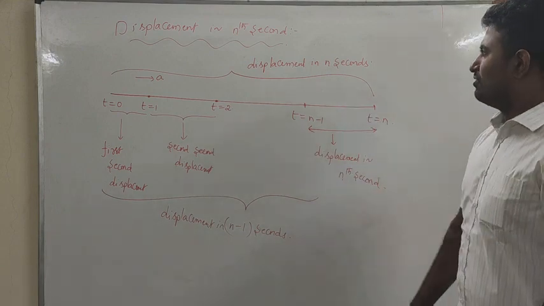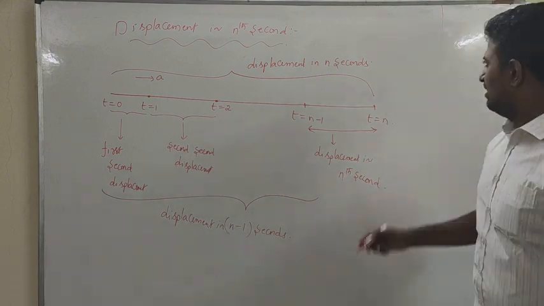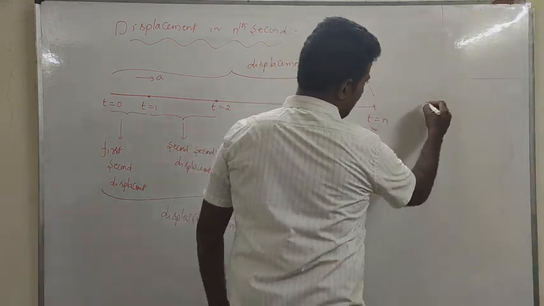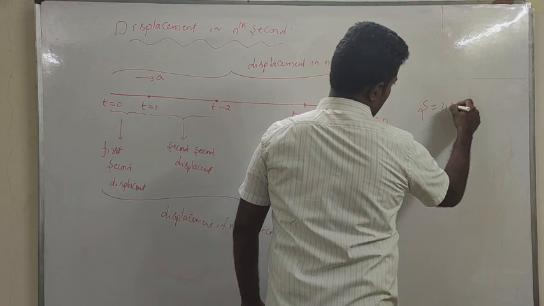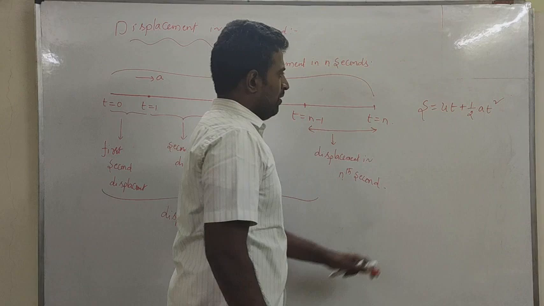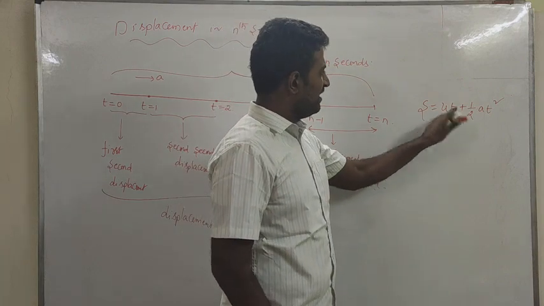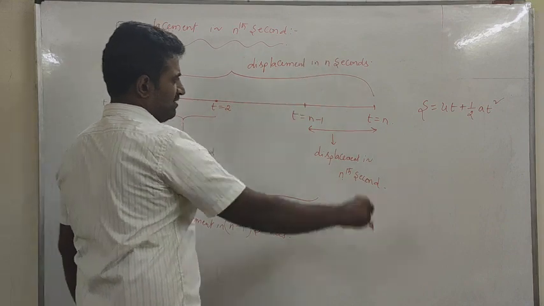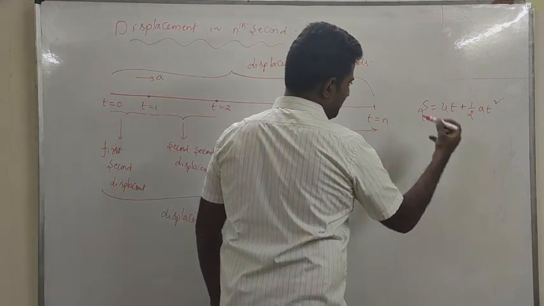How to calculate displacement in n seconds? I will take the help of the equation s equal to ut plus half a t square. This equation gives the displacement in t seconds. But my target is to calculate displacement in n seconds, which means time has to be replaced with n.